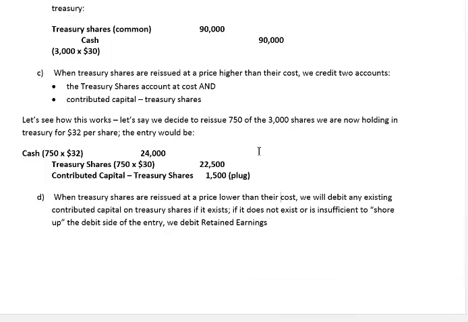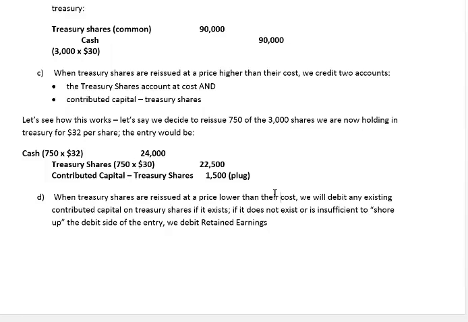In the case where you're reissuing treasury shares at a price that's lower than their cost, you're going to get less money from the investors than it cost you to initially buy them back from investors at $30 a share and hold them in treasury. So therefore, you're going to have to shore up the entry to balance on the debit side.